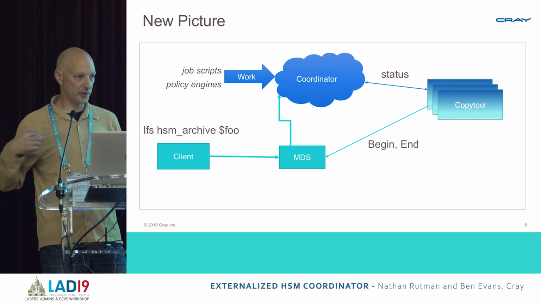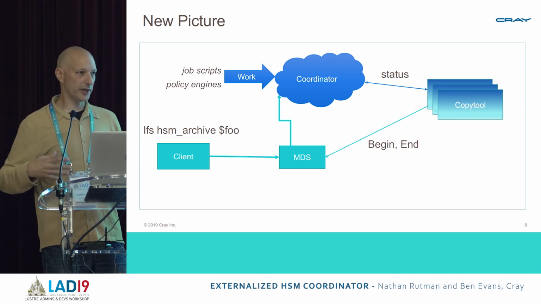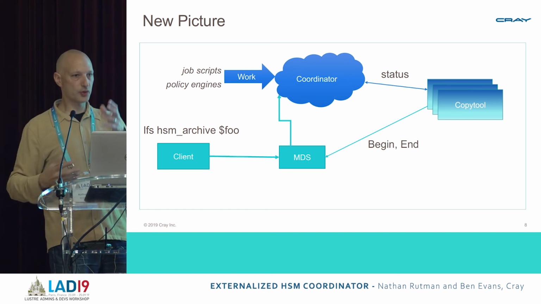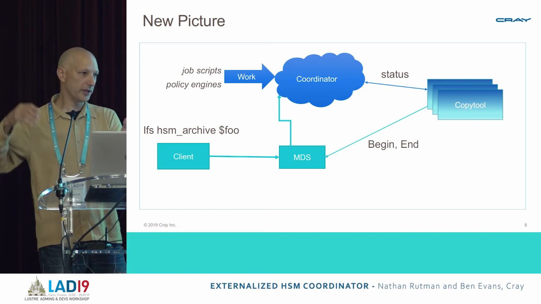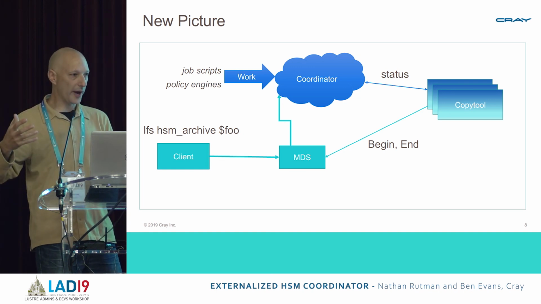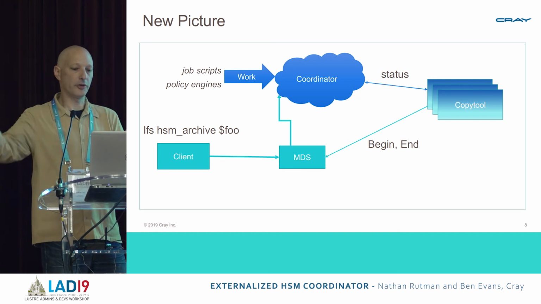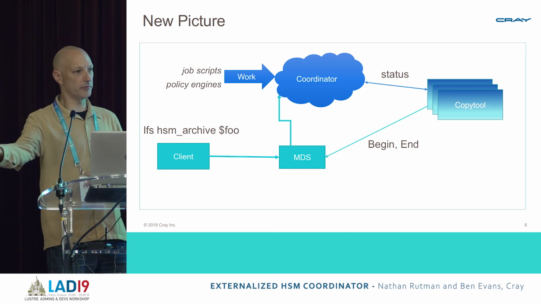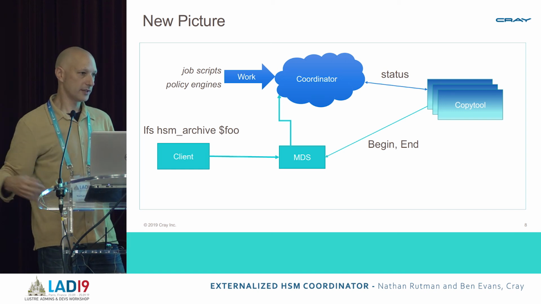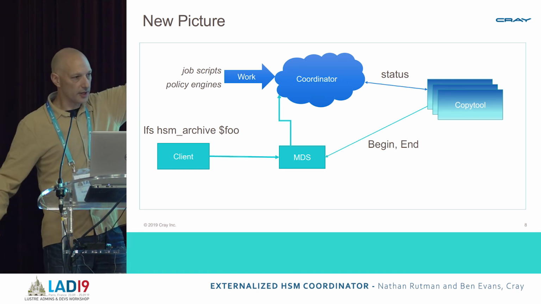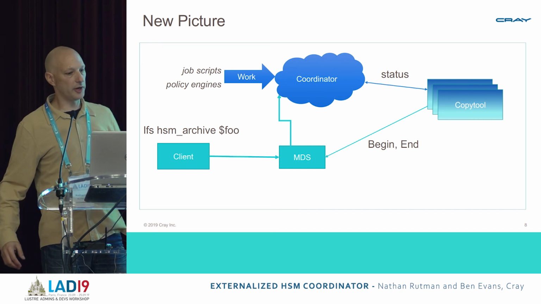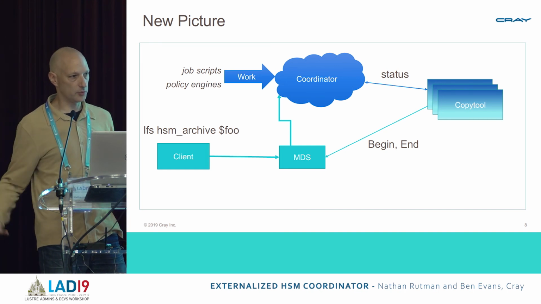That you're running copy tools on special hardware, that you are distributing those jobs amongst your available hardware, that your coordinator is now a little more aware of your capacity, whether you can move 1 million files at once or not. So the expectation is that this is much more dependent now on your actual hardware implementation, what you're actually doing.